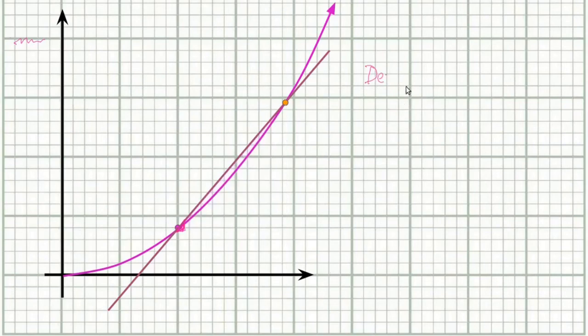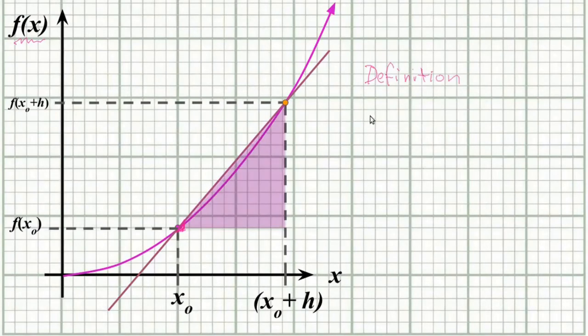The definition we're going to use is that the slope of this function, which we'll call f prime, will be the ratio in the limit that that quantity h becomes very small as it approaches 0. So the limit as h approaches 0 of the function evaluated at x plus h minus the function evaluated at x itself. Which x is this? x0.